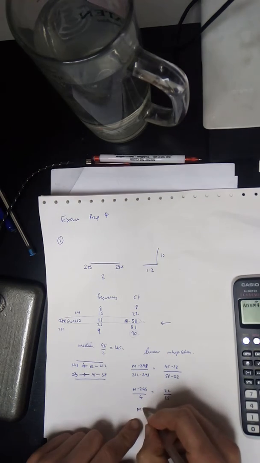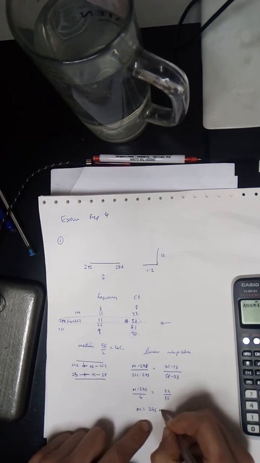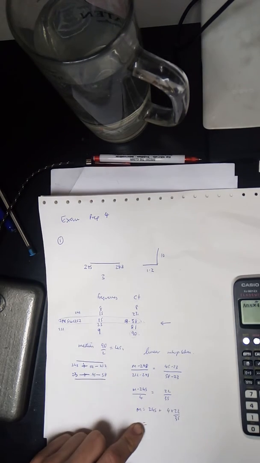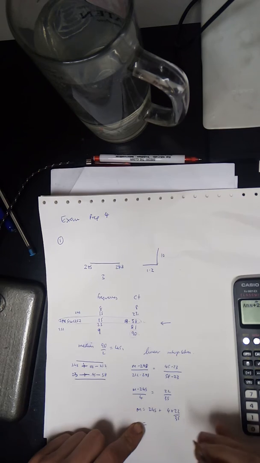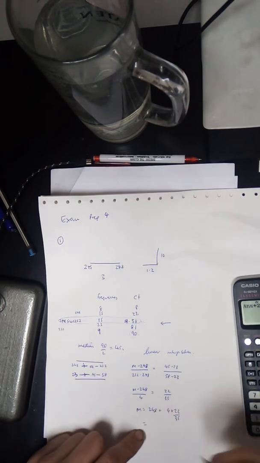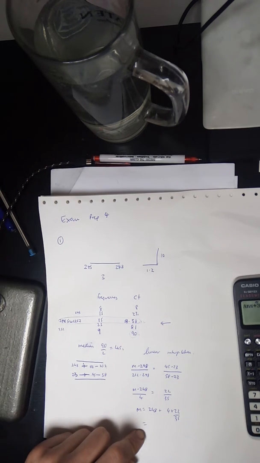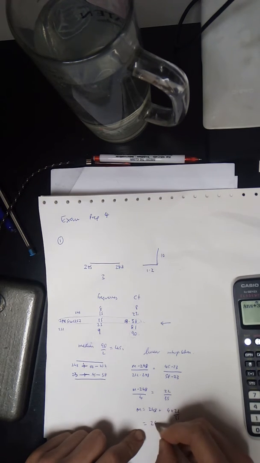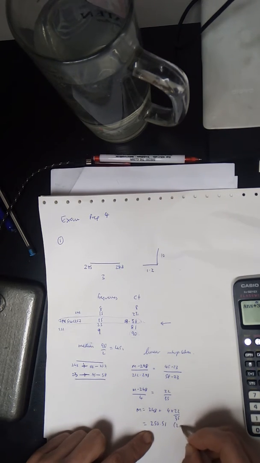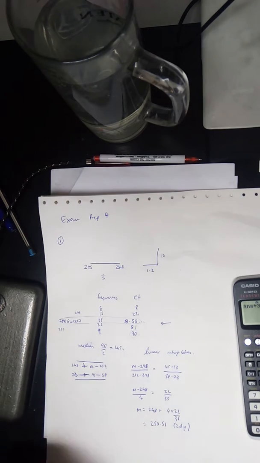So m is equal to 248 plus 4 times 22 over 35. It's not 245 though, is it? Yes, it is. It's 248. See how easy it is to make a mistake. So we get 250.51 to 2 decimal places.